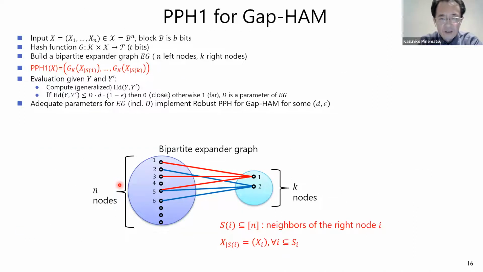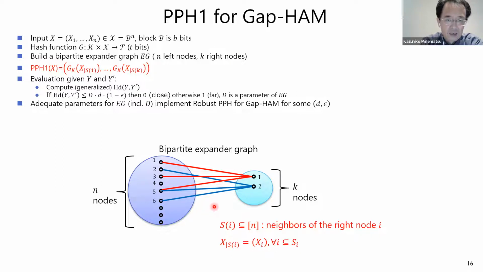Let me briefly describe the PPH1 proposed in BLV19. Originally, it is defined over bit strings, but my description is a generalized one. Namely, the input consists of n components, where each component is a b-bit block. And we assume a hash function g producing t-bit outputs for any input. We then build our bipartite expander graph having n left nodes and k right nodes.